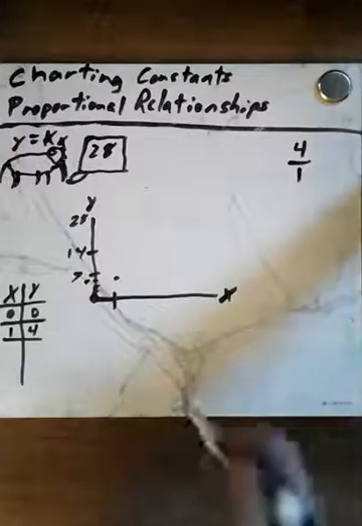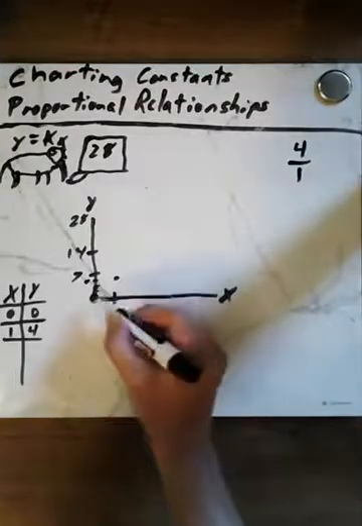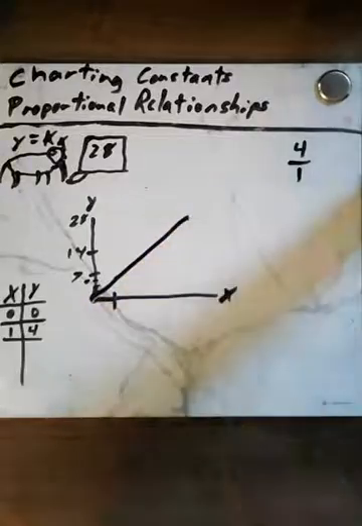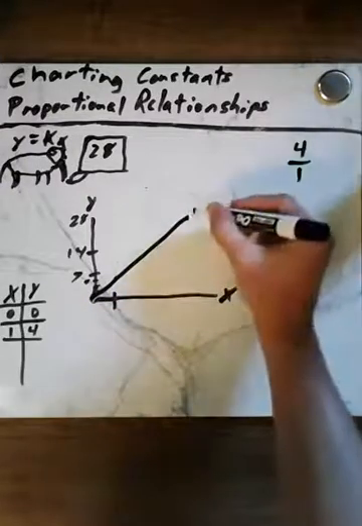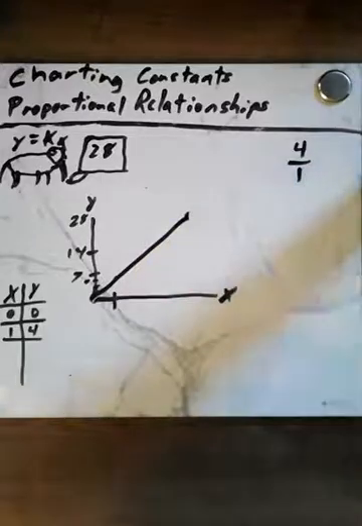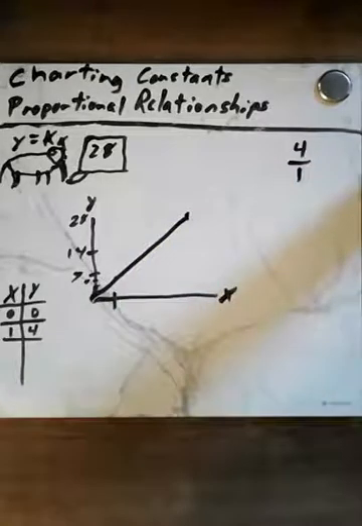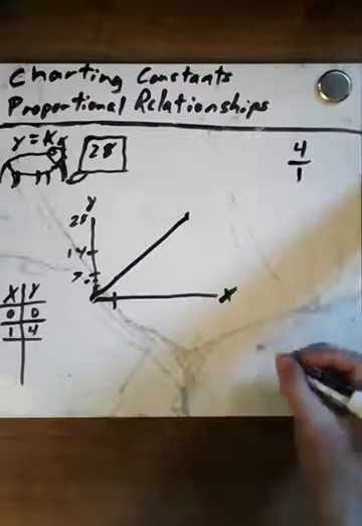So when we're charting this, we can just sort of draw a line up to 28, and that's roughly what the slope of that line is going to look like. And we can solve for it algebraically.